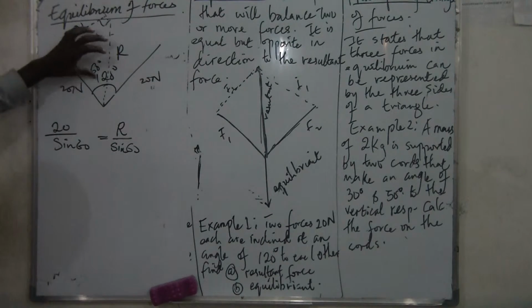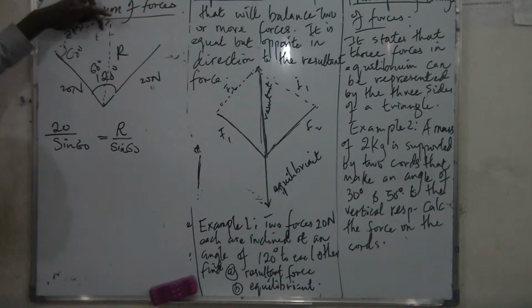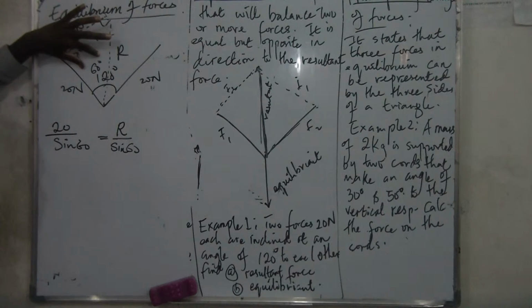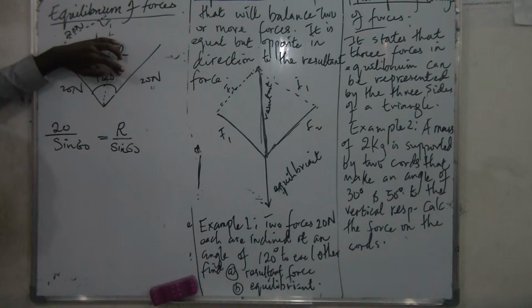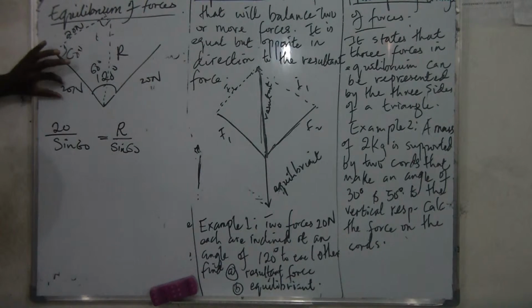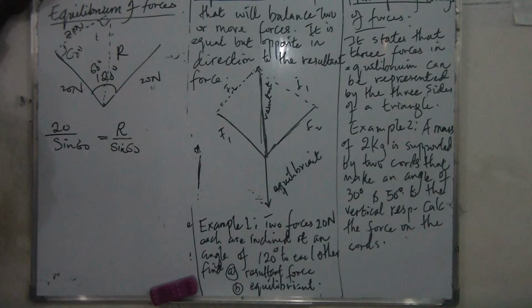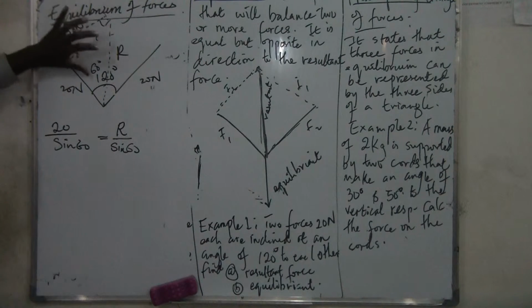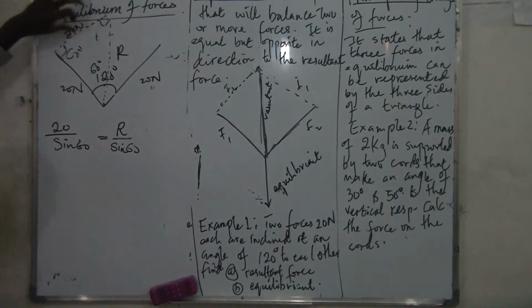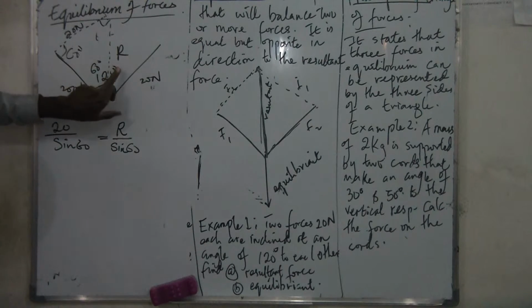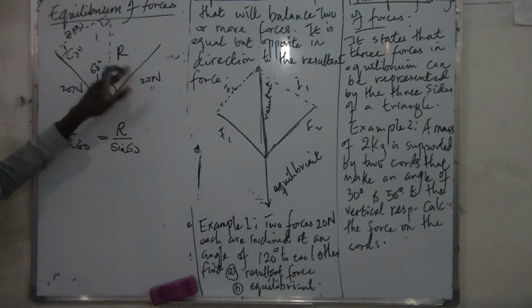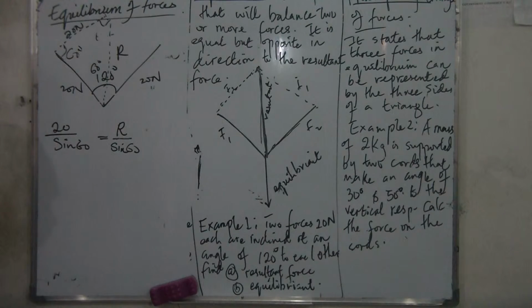Since the angle has been divided in two, one part of it is 60 degrees, the other part is 60 degrees. And this part is 20 Newton, this is 20 Newton.